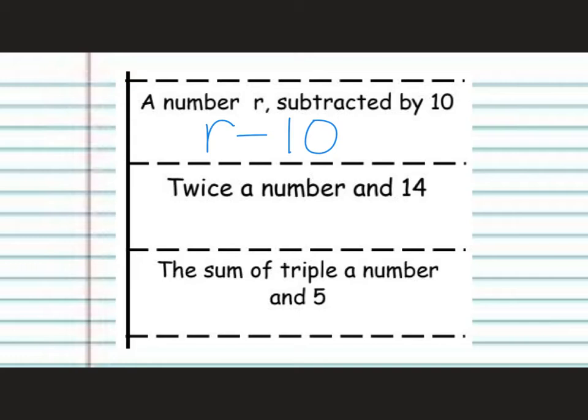This next one says twice a number and 14. So this one could actually be interpreted in a couple of different ways. It says twice a number, so I would interpret it 2 times n plus 14 could work, or 2 times (n plus 14). I guess it's going to depend on the context of the question.